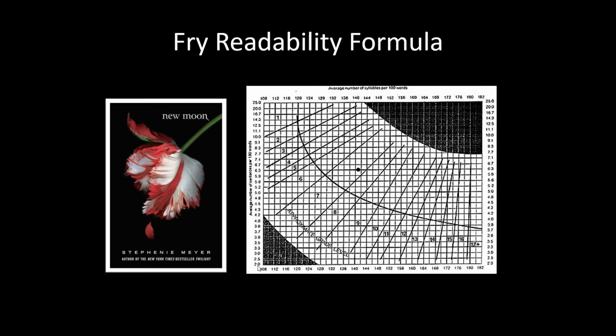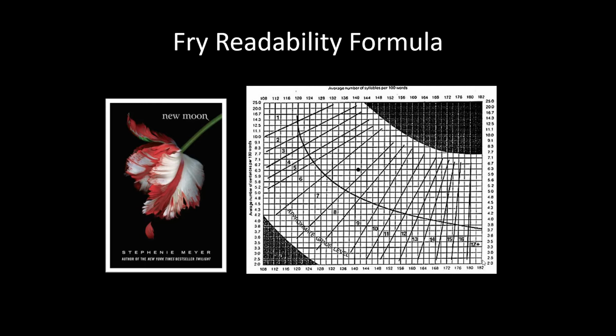So what Fry is telling us is texts are easy when they have short words, and they are easy when they have short sentences. Texts get more difficult when they have lots of syllables, big words, and when they have very long sentences, okay?